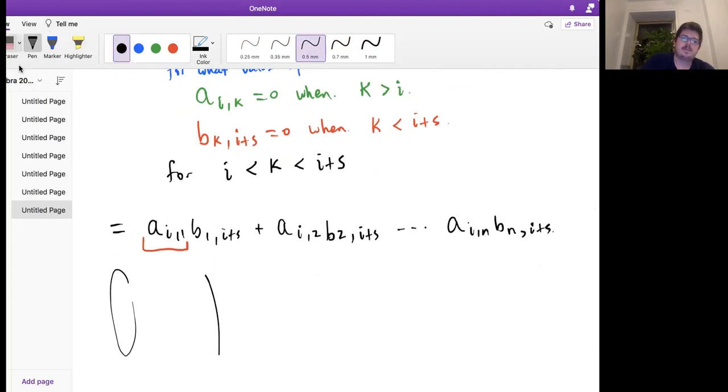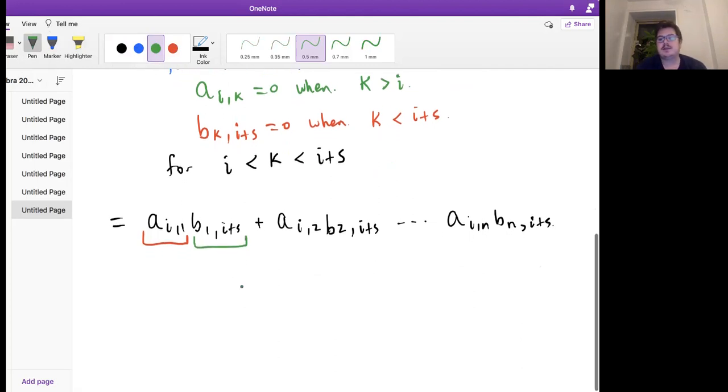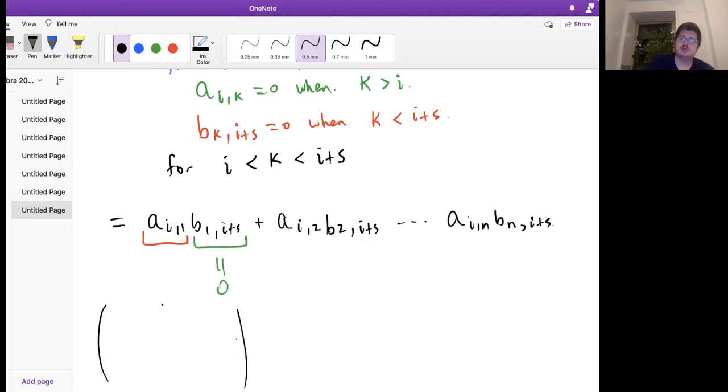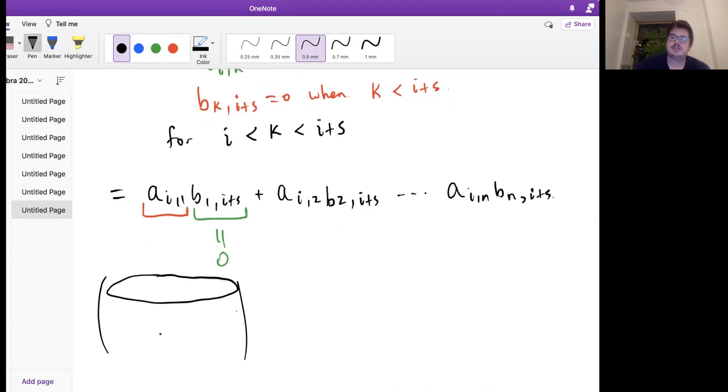Okay, so would you agree that B_{1,i+s} has to be 0? I'm looking at the first row. Yeah, the only possible non-zero entry is the first one, B_11. But even if i is equal to 1, s is bigger than 0, so that has to be 0.